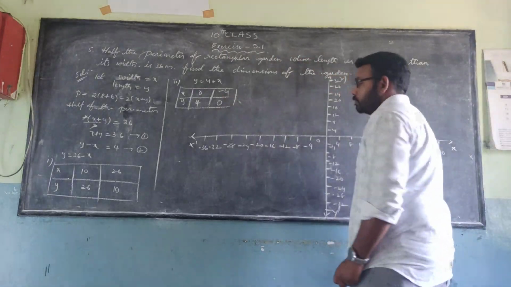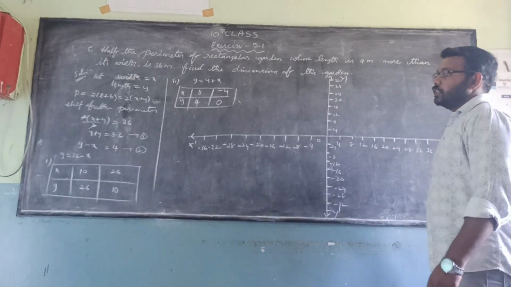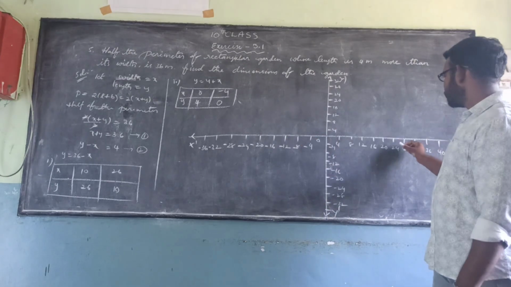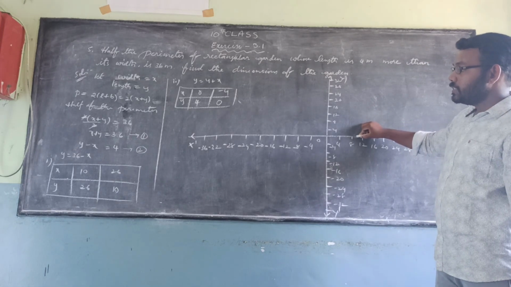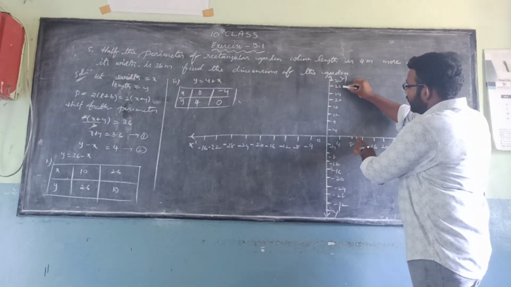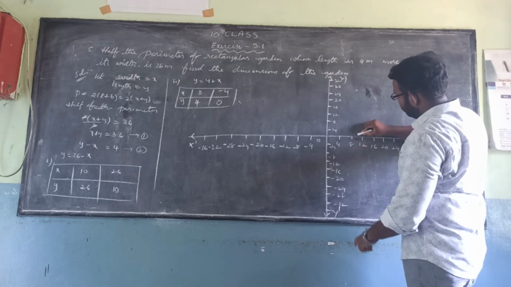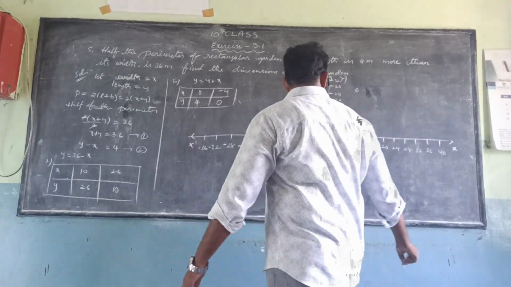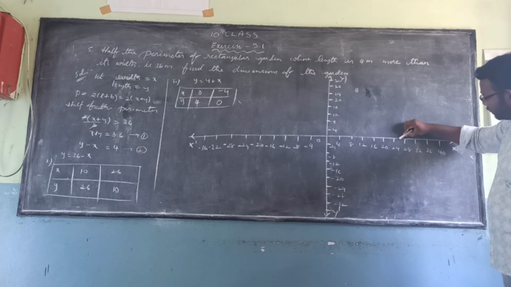Now if you observe here, first of all we have to draw y is equal to 36 minus x. If x is equal to 10, y is equal to 26. 26 is in between 28 and 24. So this is the point. Now if x is equal to 26, y is equal to 10, the point is in between 24 and 28.